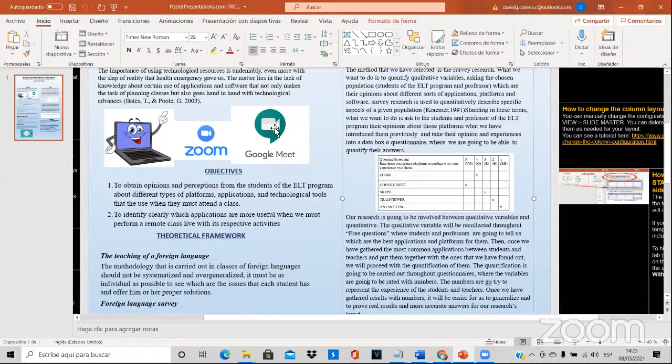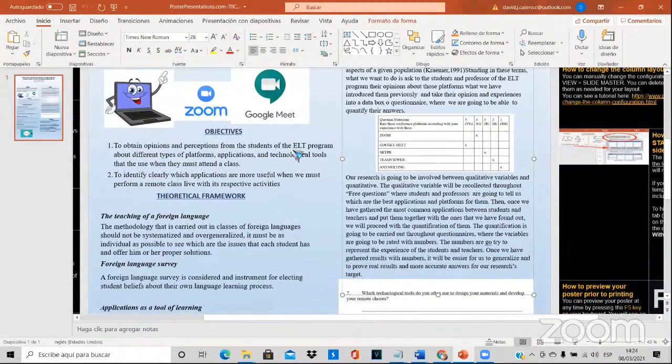Repeat, please. So, to know the best application platforms for the performance of an English class. Okay, so it is not to obtain opinions and perceptions. Right, you're right. That's an activity to get that information, to reach that objective. Okay, thank you.